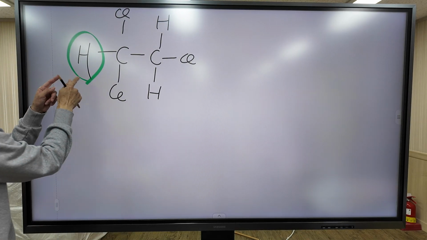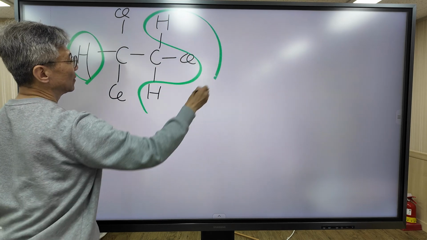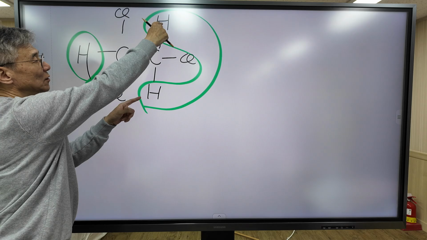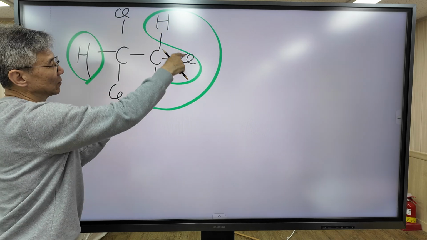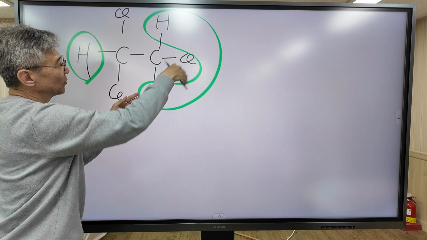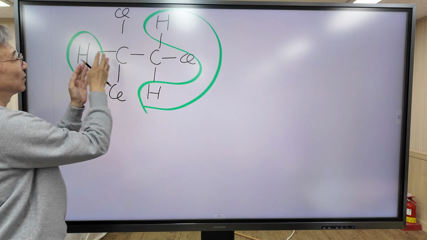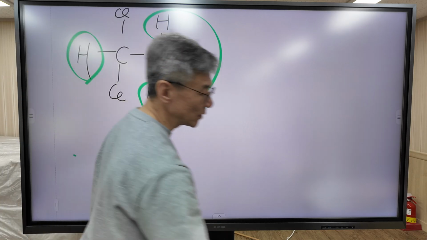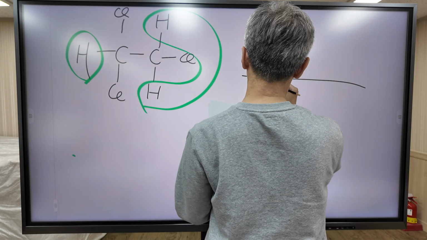This proton may generate a peak. This proton also generates a second peak. These hydrogen atoms are equivalent, so these hydrogen atoms give one band. This hydrogen also generates another peak. So when you measure the NMR spectrum, you obtain two peaks.